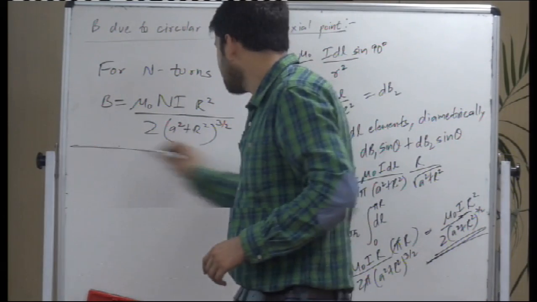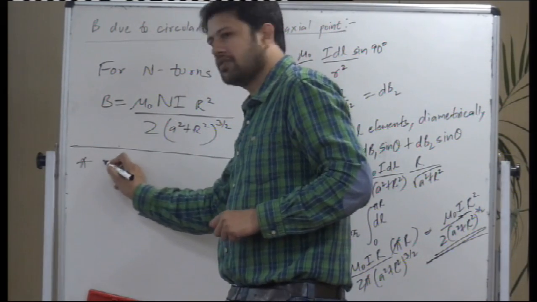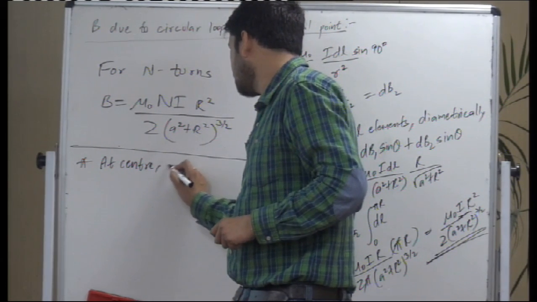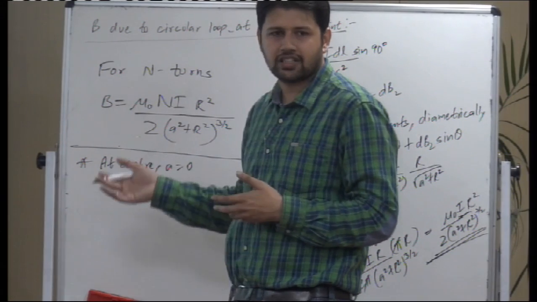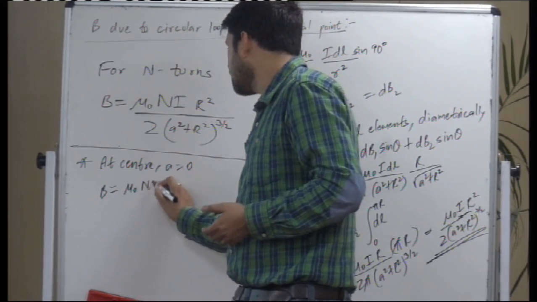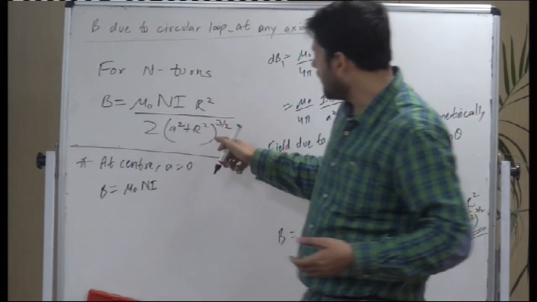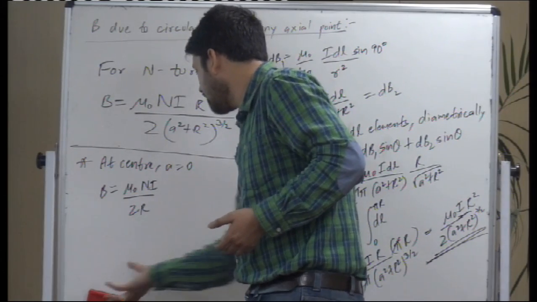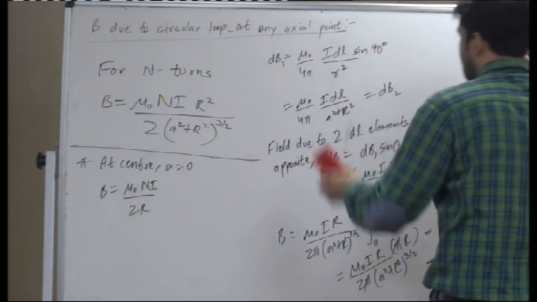So we have a special case at the center, which means a is 0. So B becomes mu naught n I r square by r cube, which is mu naught n I by 2r. I am not writing everything.